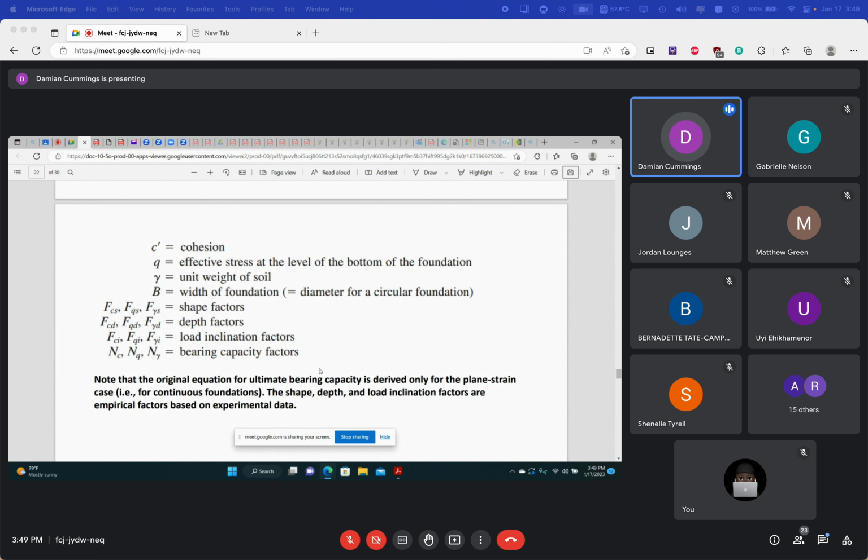Note that the original equation for ultimate bearing capacity is derived only for the plane strain case for continuous foundations. The shape, depth, and load inclination factors are empirical factors based on experimental data.